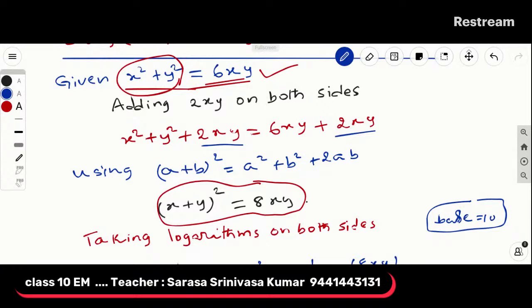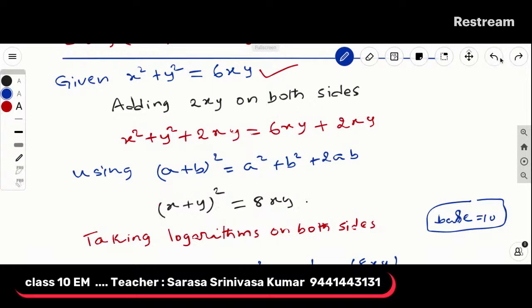So this is the reason we added 2xy on both sides. Students must observe this, and you must understand the concept that we have added 2xy on both sides to get (x plus y) whole square form on the left hand side. This is the reason.